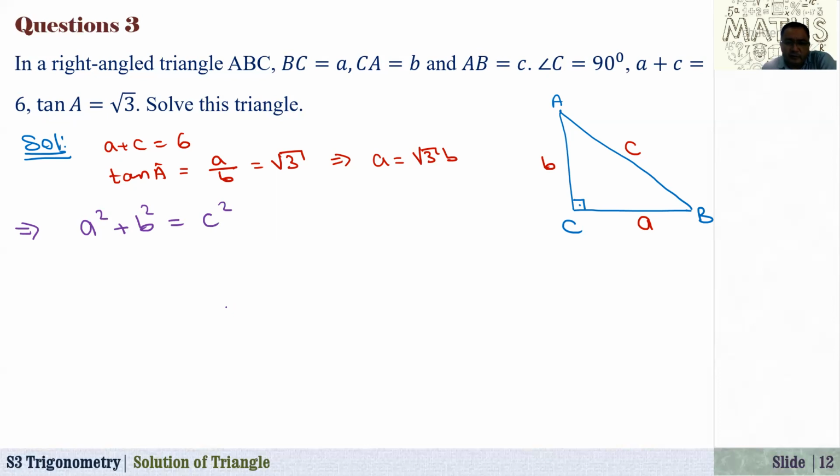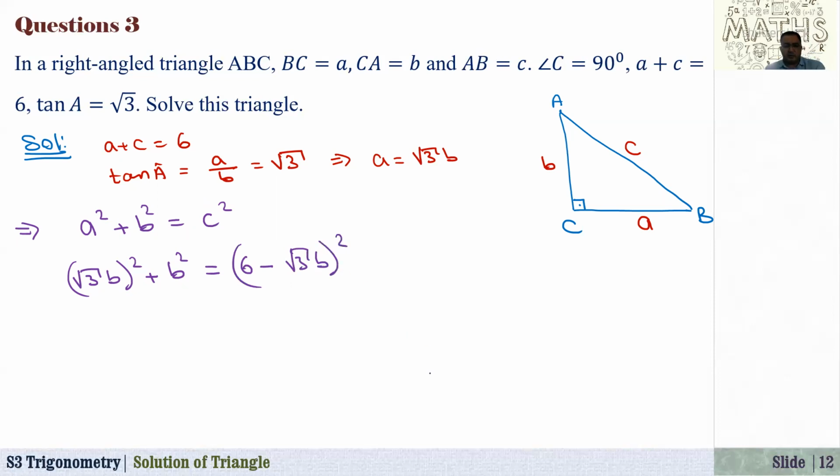Now from here, instead of A, I can write square root of 3 B. So here we have square root of 3 times B, that's our A, plus B squared, is equal to C squared. Instead of C, I can write 6 minus A. What is A again? Square root of 3 times B, and here we have squared.